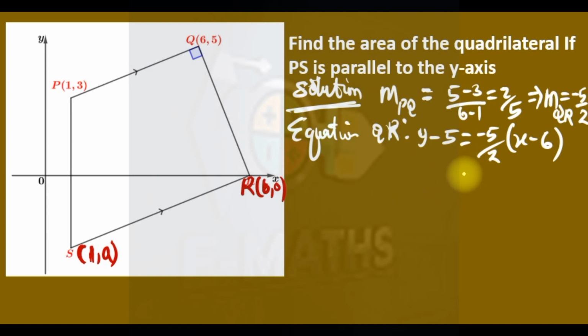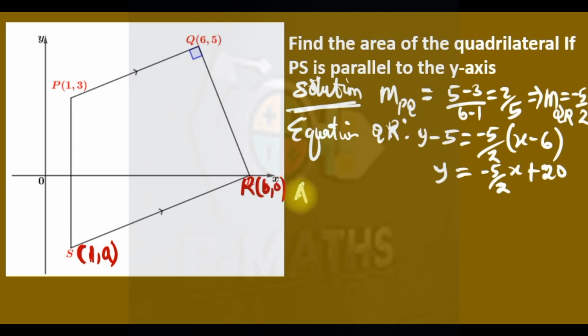So we have that y is now equal to minus 5 over 2 x, and this is plus 15. If you multiply this and this, we have 15. So 5 plus 15 is 20. From there we can get the value of b.